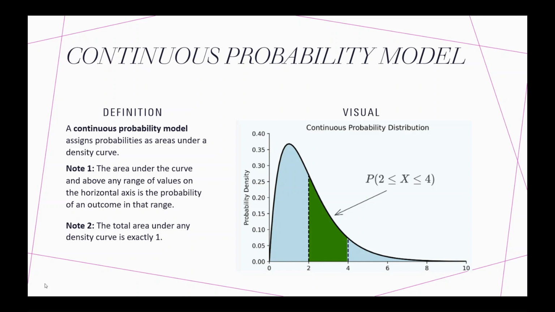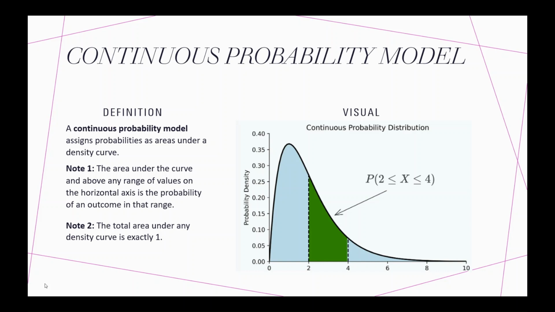But if I were, say, to be asked the question that's posed in that visual, what's the probability that this random variable is between 2 and 4? Well, what I'd do is find the area under the curve from 2 to 4, just as pictured here. Now, this isn't as simple because, with the table, we can read those numbers right from it.